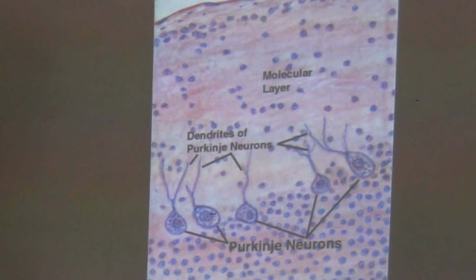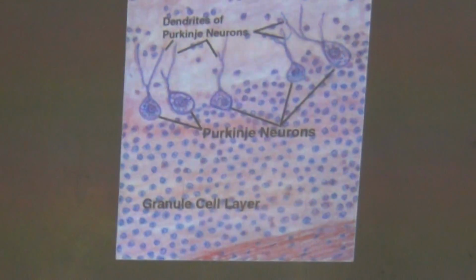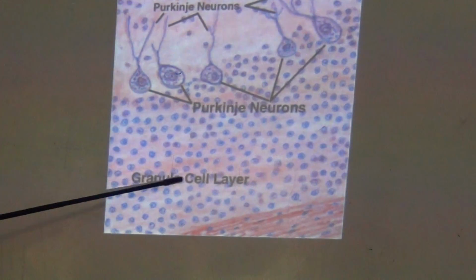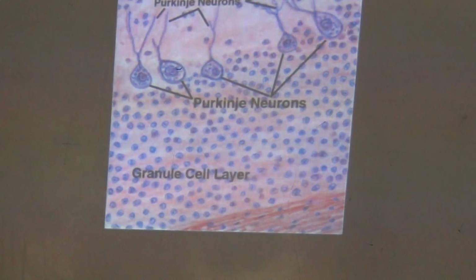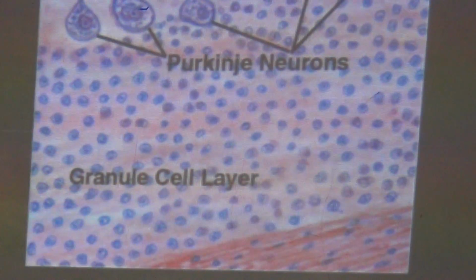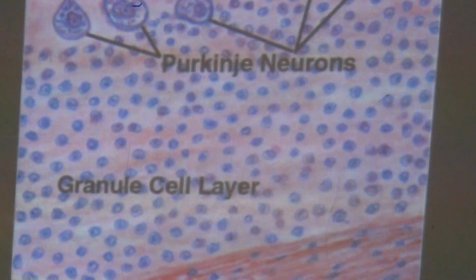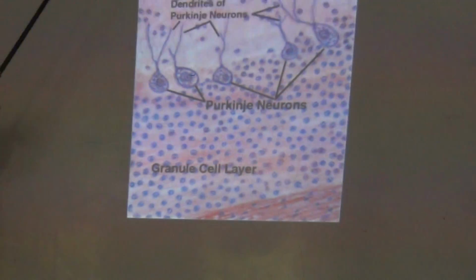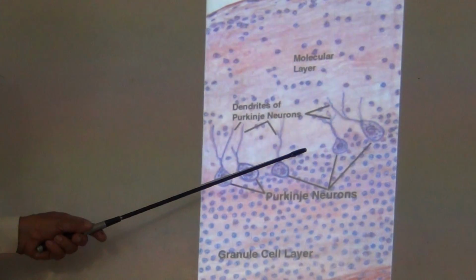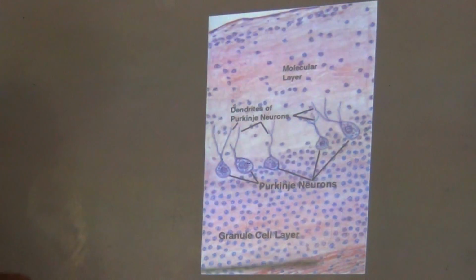Third layer is called the granular layer. This layer contains small star-shaped cells called granule cells. So there are 3 layers: the molecular layer, the Purkinje layer, and the granular layer.